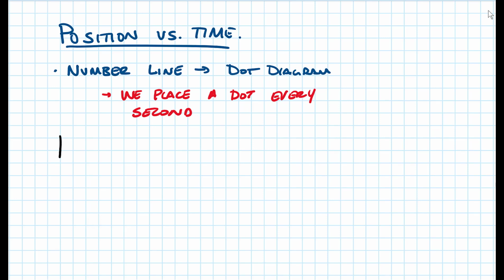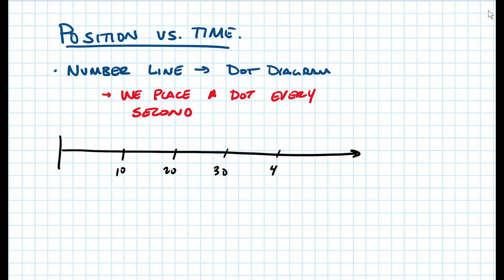So it's just a number line. And so let's say we're going to go 10 meters, 20 meters, 30 meters, 40 meters. And as you walk, you're going to drop a sugar packet every so often.